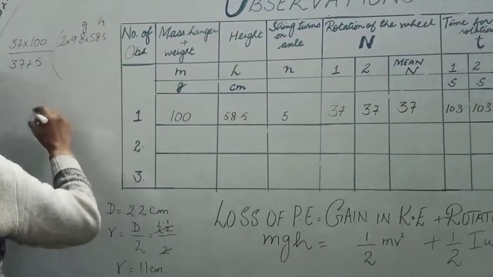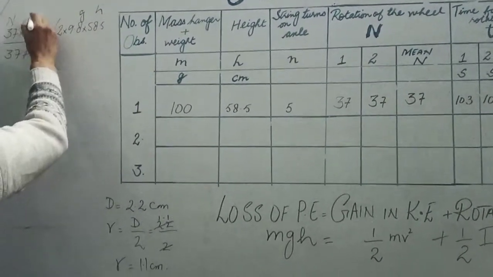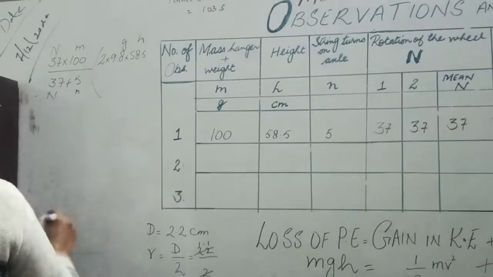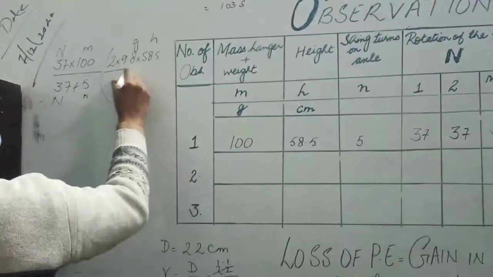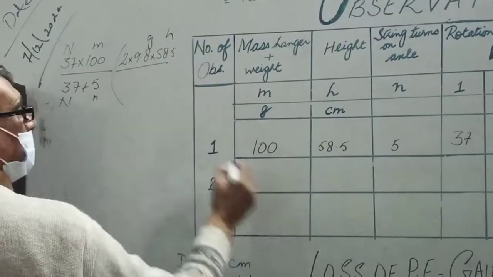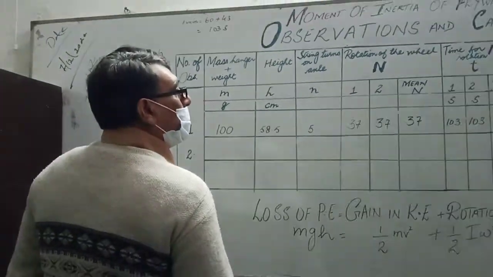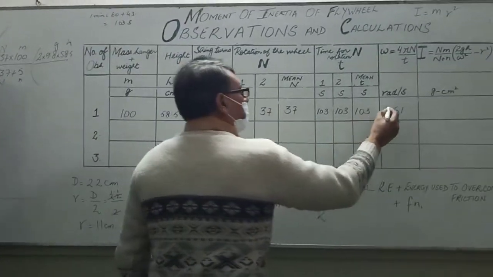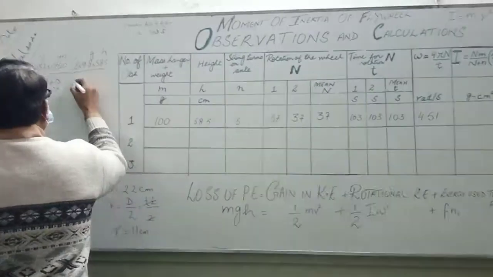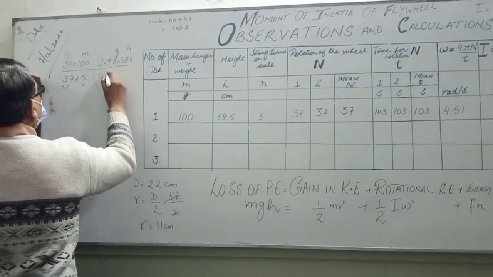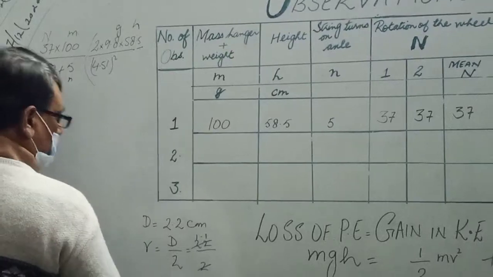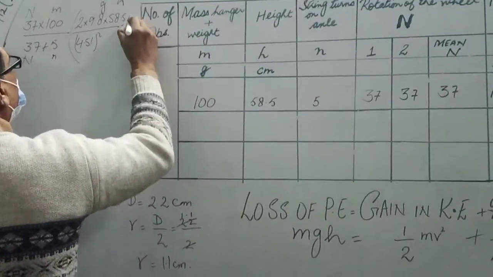This is g, this is capital N and this is small n. Over omega square, what is the value of omega? 4.51 the whole square, minus r, that would be 1.1.